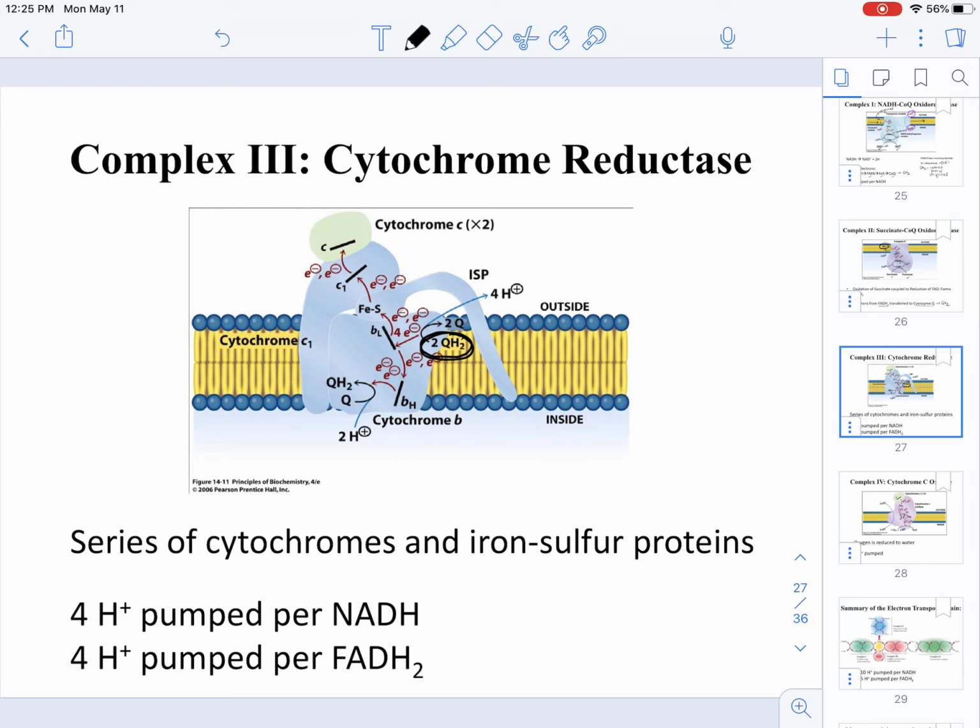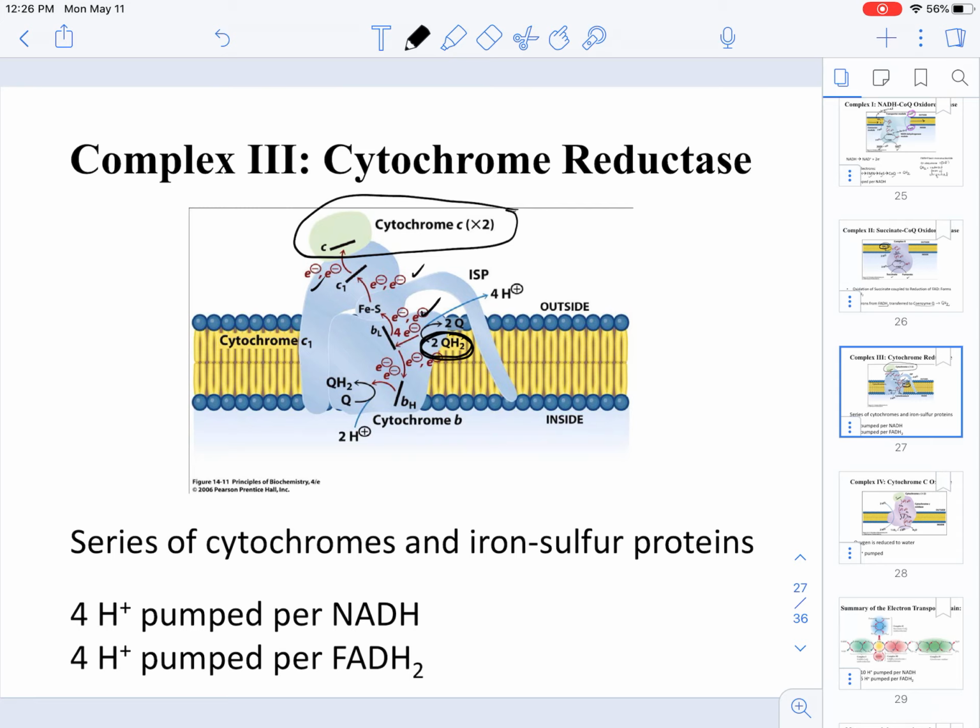After all the reactions happen, which as you can see, there's a whole bunch of electrons happening, overall cytochrome C is going to be the new vessel for transporting these electrons into the next complex, okay?